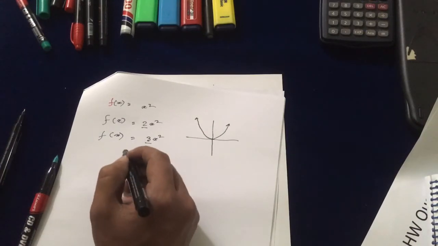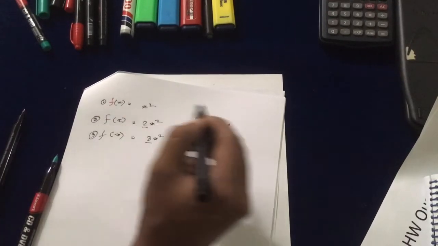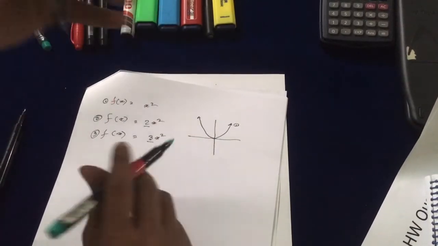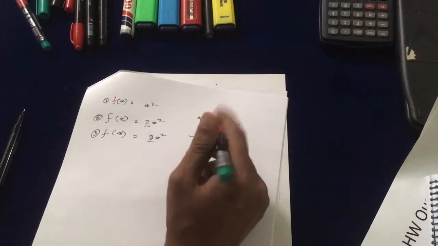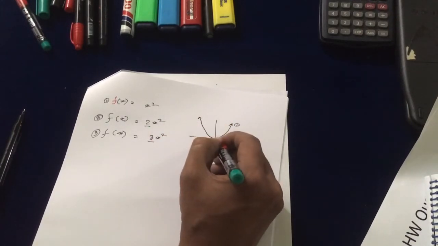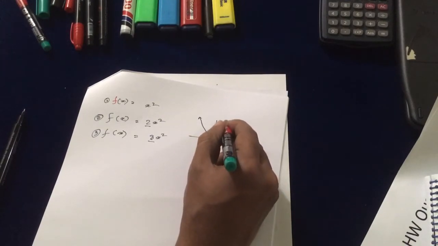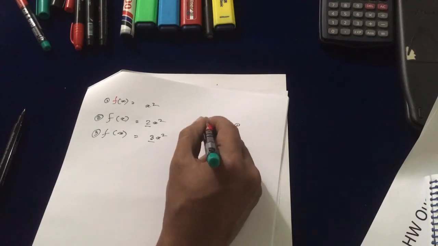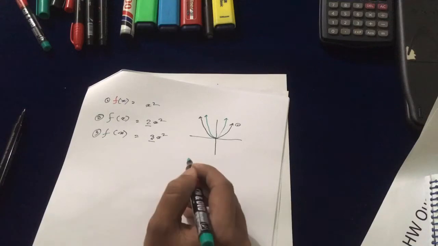That's why, let's say this is equation 1, this is 2, this is 3, so this is 1. Then for this 2, if I use another color, the graph will rise faster. Because of the extra number, the value becomes bigger when you multiply it by some positive integer, then somewhat the graph will be like this.